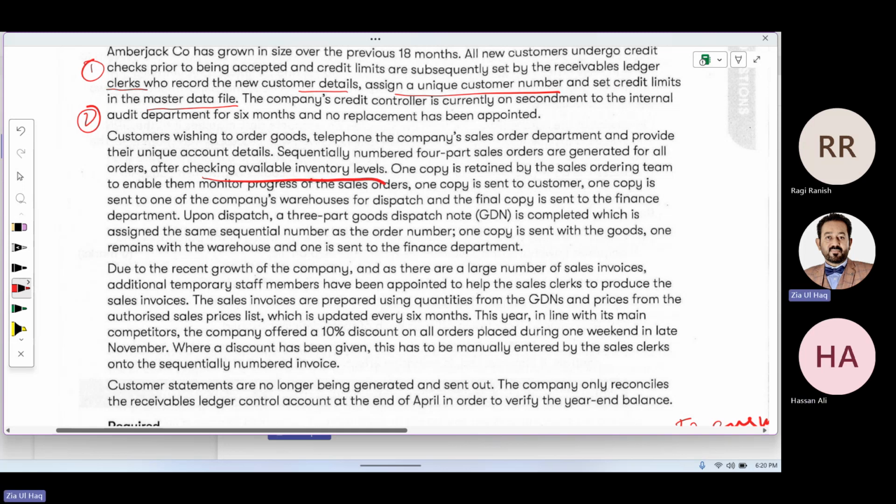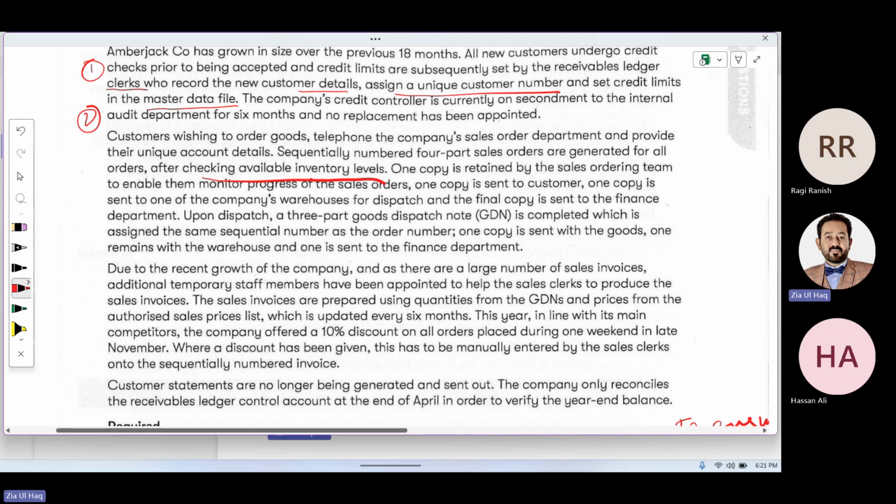Have they checked the customer's credit worthiness while receiving the order? No. By receiving the order, customer credit worthiness checks are not performed properly.